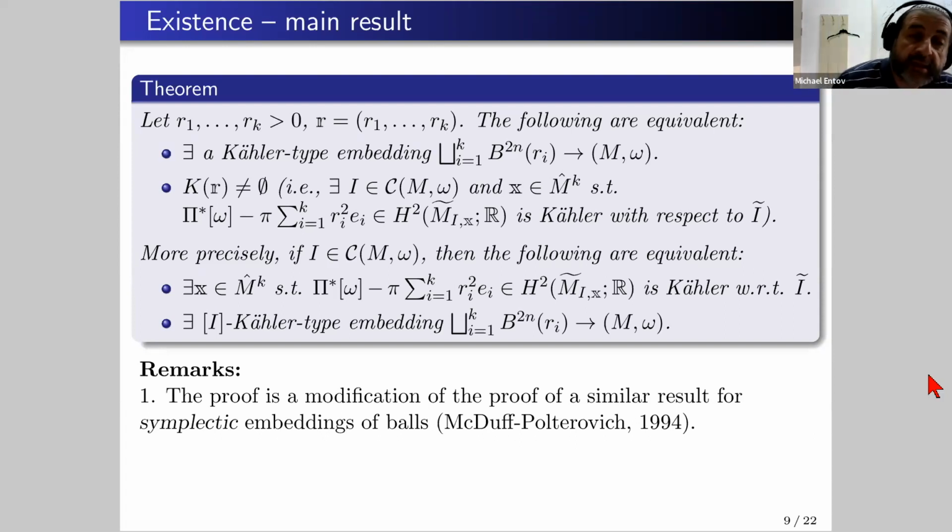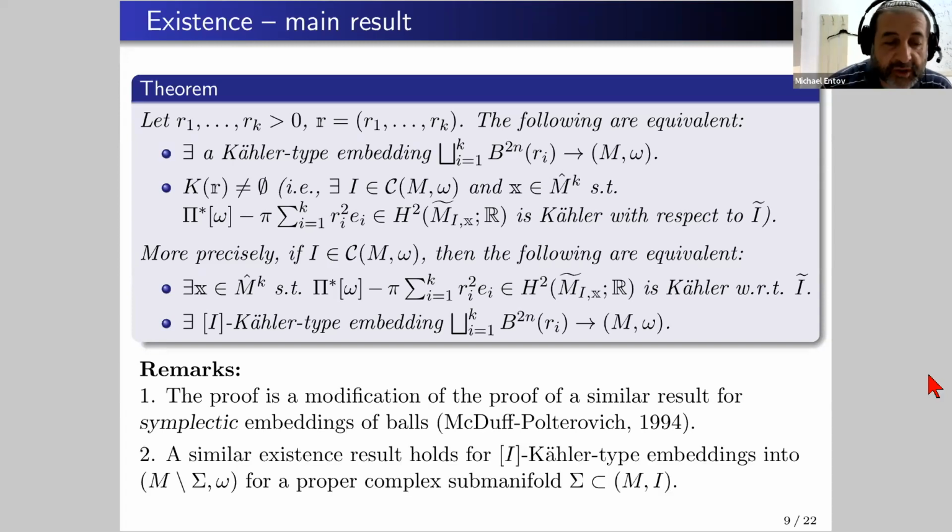And as in that work of McDuff and Polterovich, you can actually get a version of this result if you remove a proper complex submanifold from M. So this allows you to get the existence of Kähler-type embeddings into an open manifold obtained from M by removing a hypersurface. For instance, if you remove a projective hypersurface from CPN, you get a ball. So this allows you to get the existence of Kähler-type embeddings into balls.